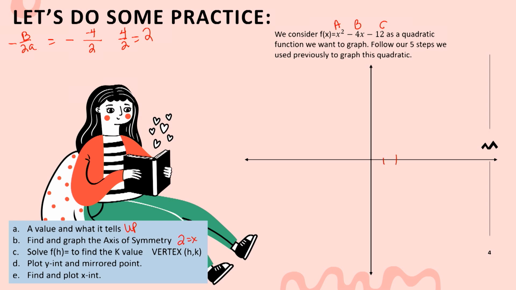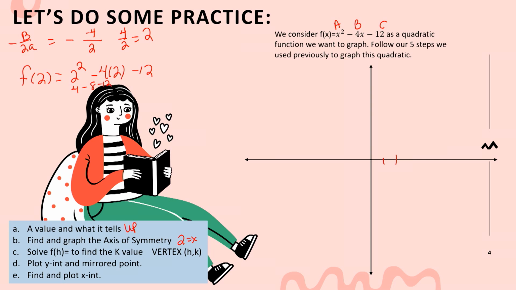1, 2. I'm going to use that to solve for my k. So I have f of 2 equals 2 squared minus 4x, whoop, not 4x, but 4 times 2, right? So I've got minus 4 times 2 minus 12. So I have 4 minus 8 minus 12.